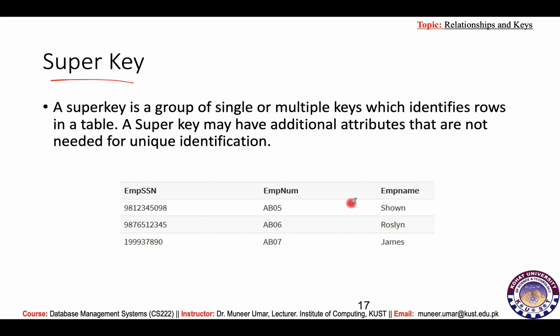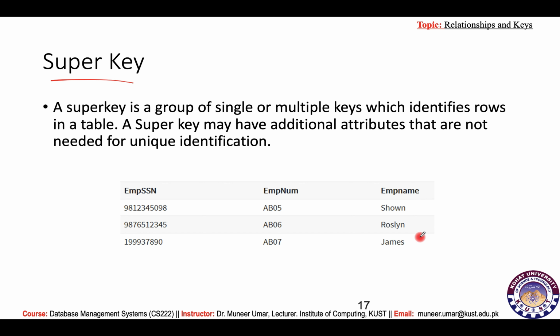Now here in this table we have EMPSSN, which seems to be an attribute having unique values, and also the employee number will have unique values, and this employee name may not have unique values.